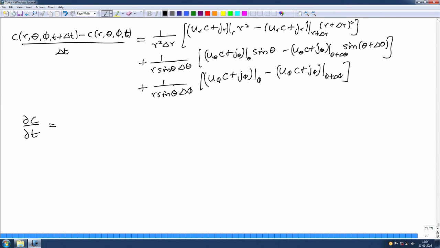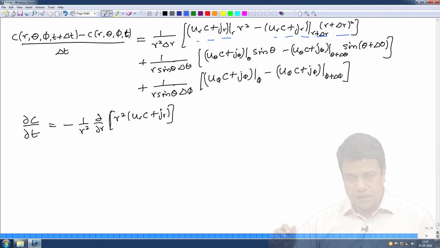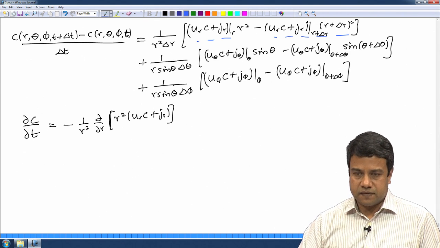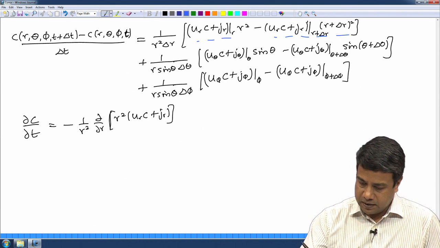So, this is equal to minus 1 over r square d by dr of r square into u r c plus j r. If it had been the value at r plus delta r minus the value at r, I would have got a positive sign. This is the value at r minus the value at r plus delta r. So, I have a negative sign here.